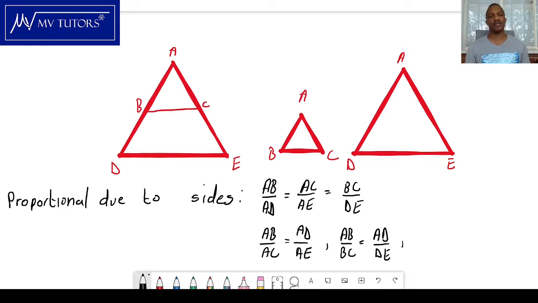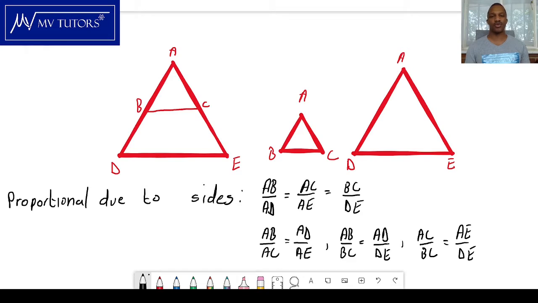And also you can say from the small one, I take AC and BC, so I can say AC divided by BC, that's equals to AE divided by DE. Okay, so all of these is proportionality due to sides.